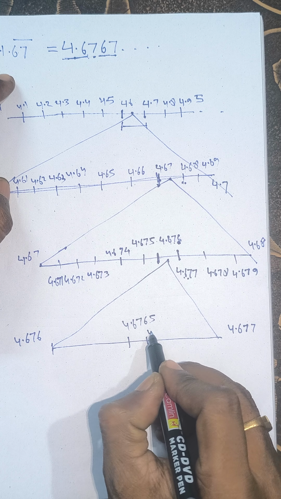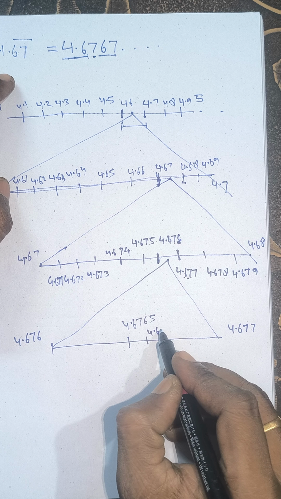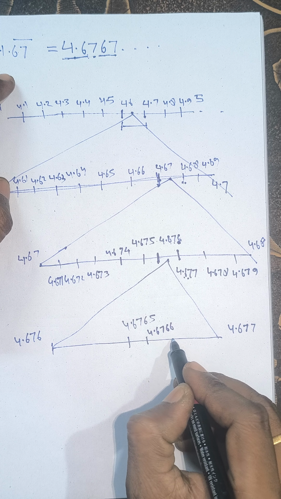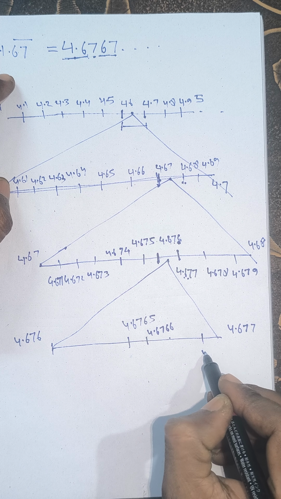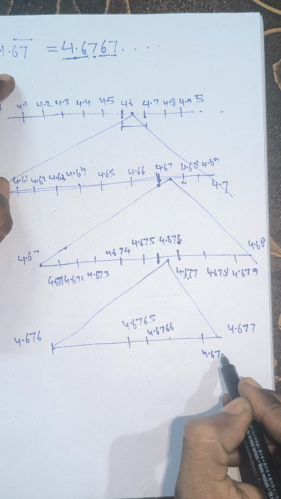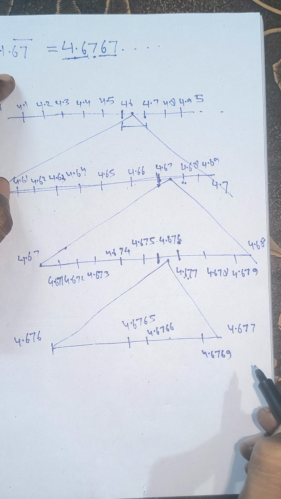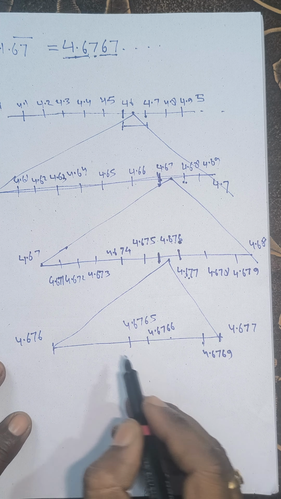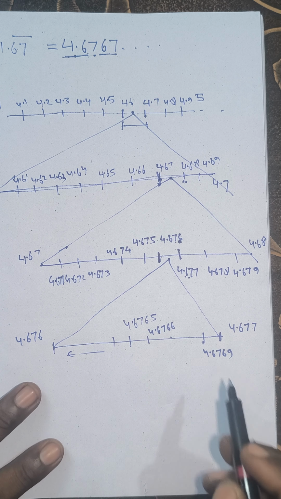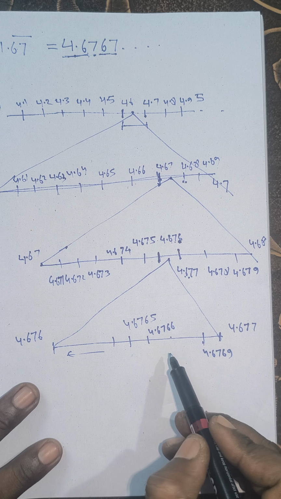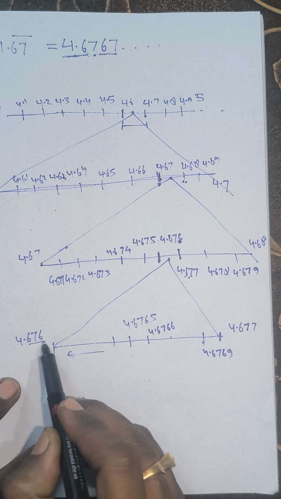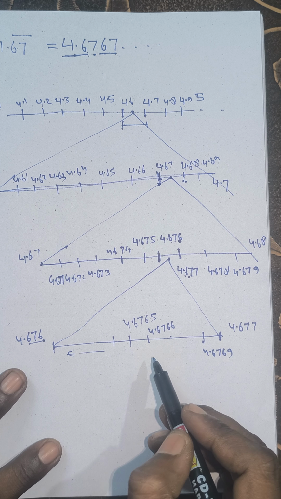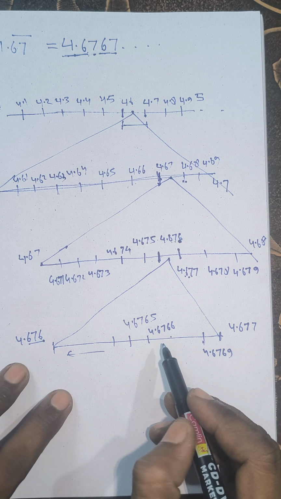Then we will have 4.6766. Same way we will have 4.6769. Okay, this is this one. Same way we can write here also. Now we have the third digits 676, and the next digit is 7, so we need to find where 7 is.